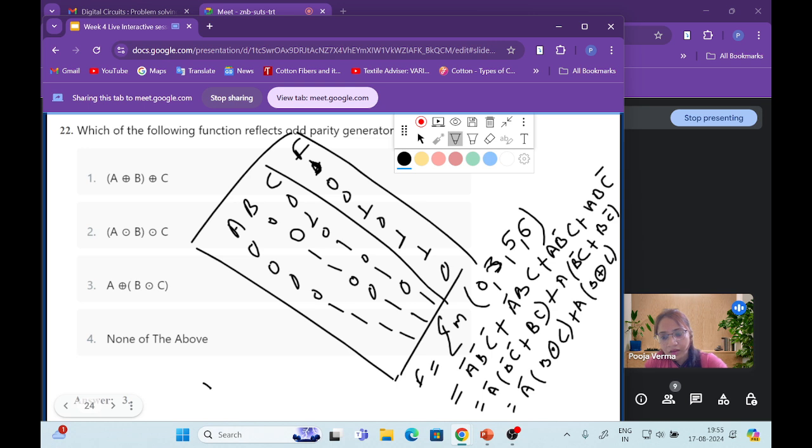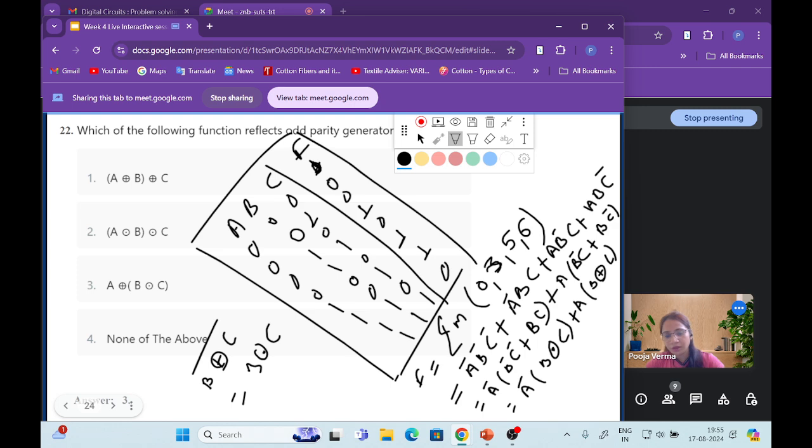In XOR representation, any term can be represented like this, B XOR C. If there is a bar on any one or both, then it can be represented as B XNOR C. Already we know that.